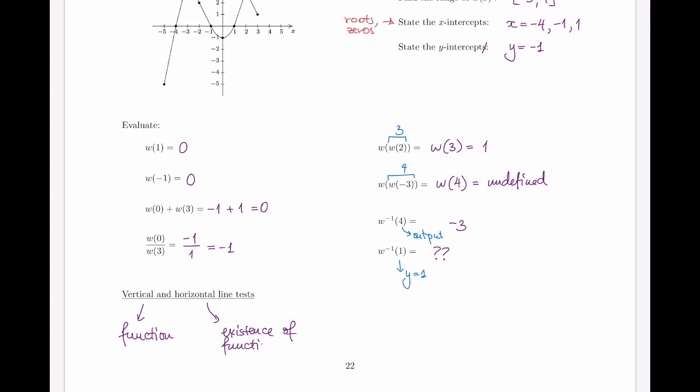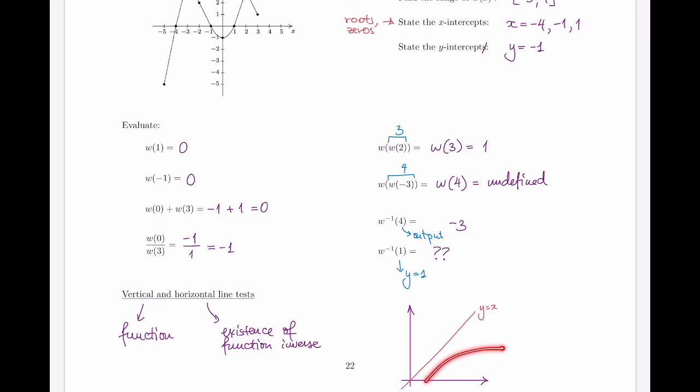This is again consistent with how we've discussed the inverse graphically. Remember that if I give you a graph of a function, you can come up with the graph of its inverse by simply reflecting in the line y equals x. Well, if your drawing was a function to begin with, it means that it had to pass the vertical line test.